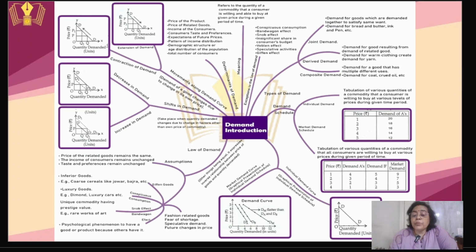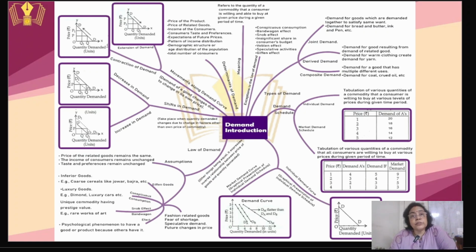Now, when we talk about the market demand schedule, in the same way we take the price, then demand for A, then demand for B, it can be demand for C also, like that. So, if the prices are increasing, say 1, then 2, then 3, then 4, you can even show prices decreasing. But if you are showing prices decreasing, you have to show demands increasing.